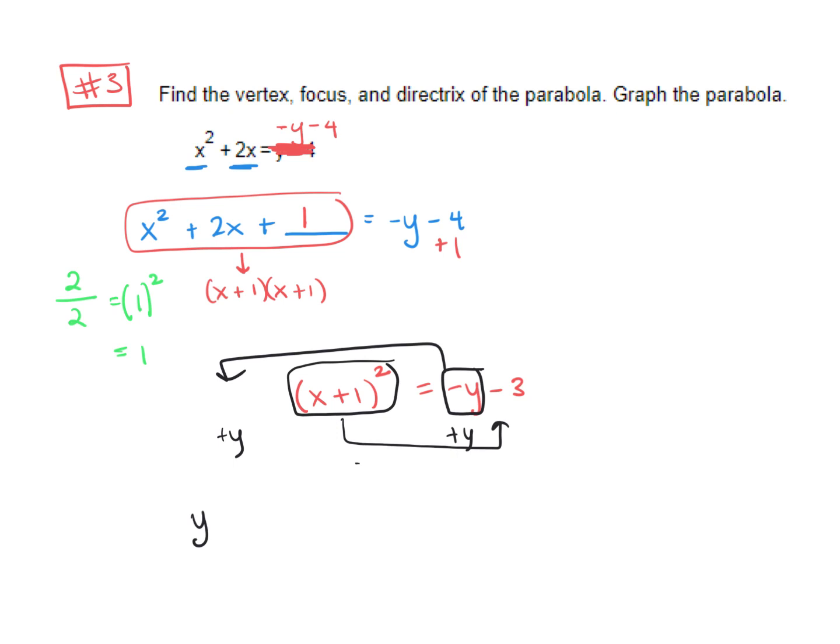So I'm going to subtract an x plus 1 squared from both sides. So what the final equation will look like, I'm actually going to move that down a little bit, is we have a positive y equal to, now it's a negative x plus 1 squared, and then that negative 3 just stays.